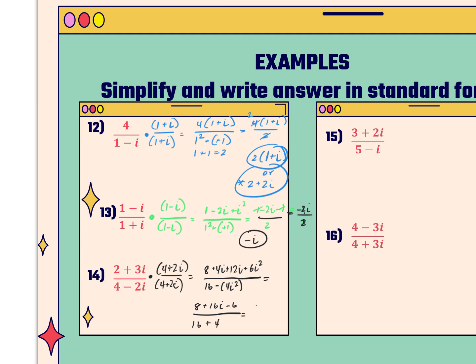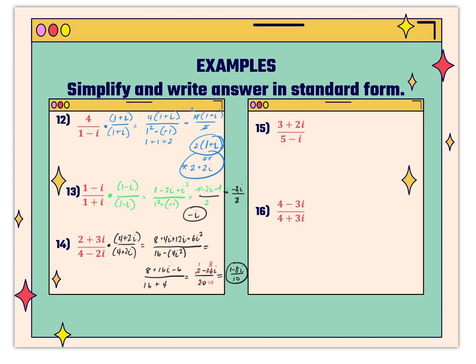So I'm going to end up with 2 plus 16i all over 20. And again, you can simplify this as if there were radicals. Since all of these have a 2 that goes in them, this could become a 1, this could become an 8, and this could become a 10. And so your final answer could be 1 plus 8i all over 10. And that would be acceptable. Okay?